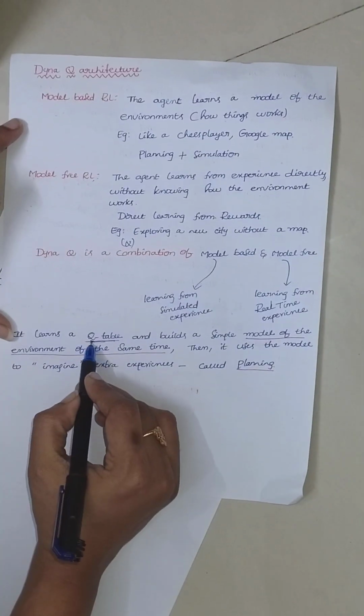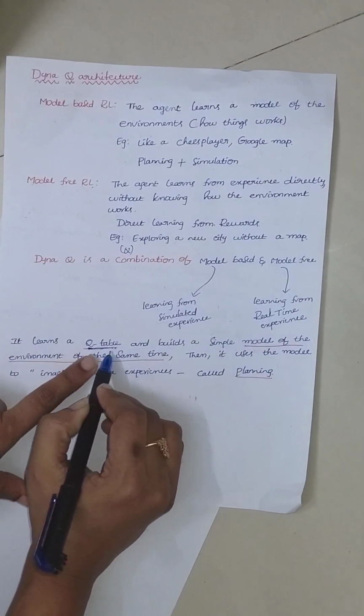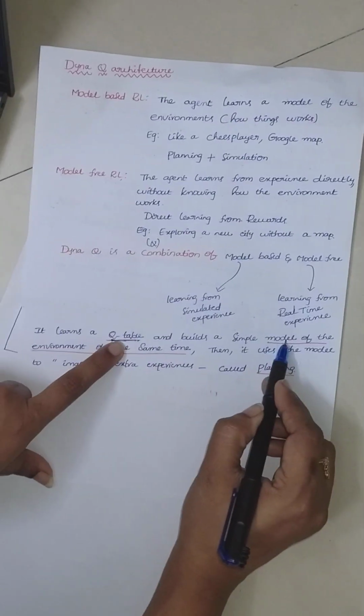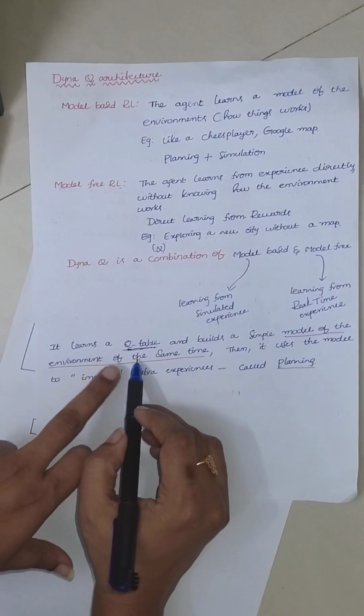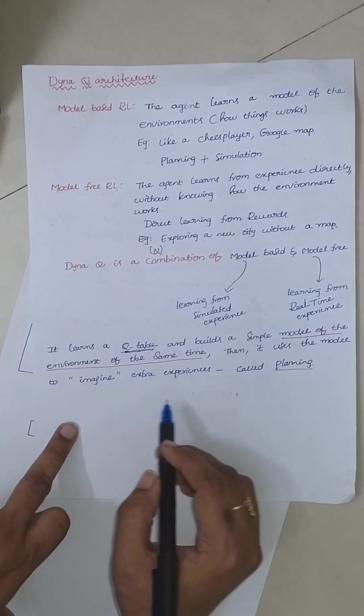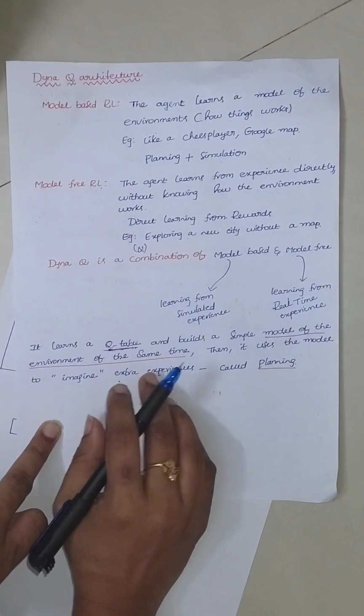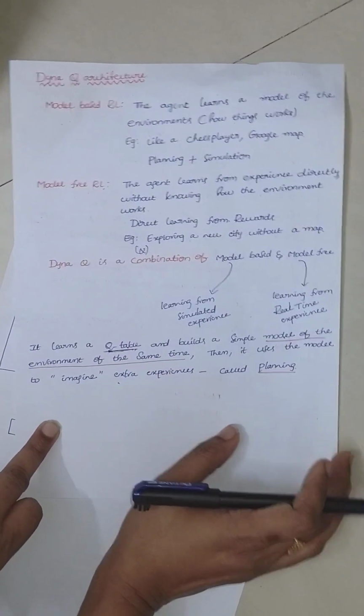First, initially it will take some Q table. From the Q table it builds a simple model. From that model of the environment, it does some simulation. We are going to see step by step how this works.